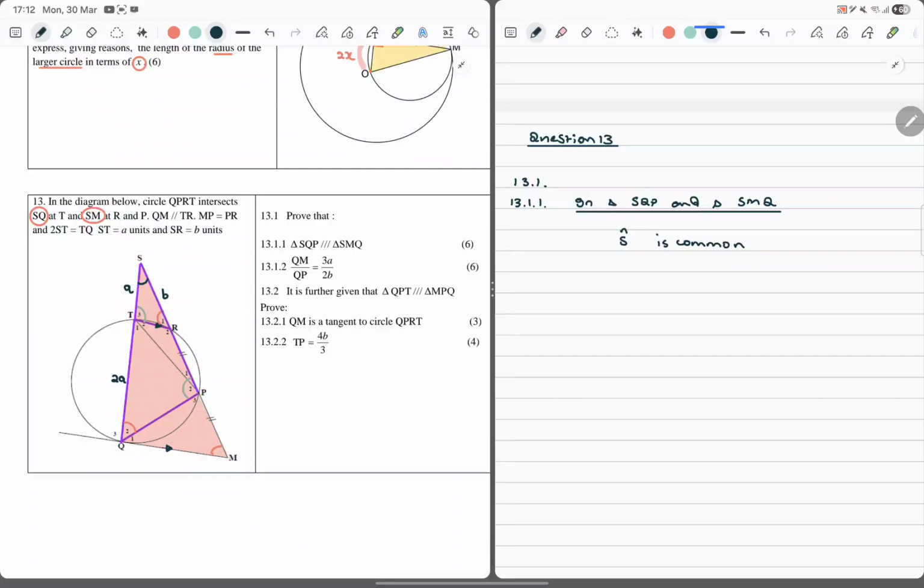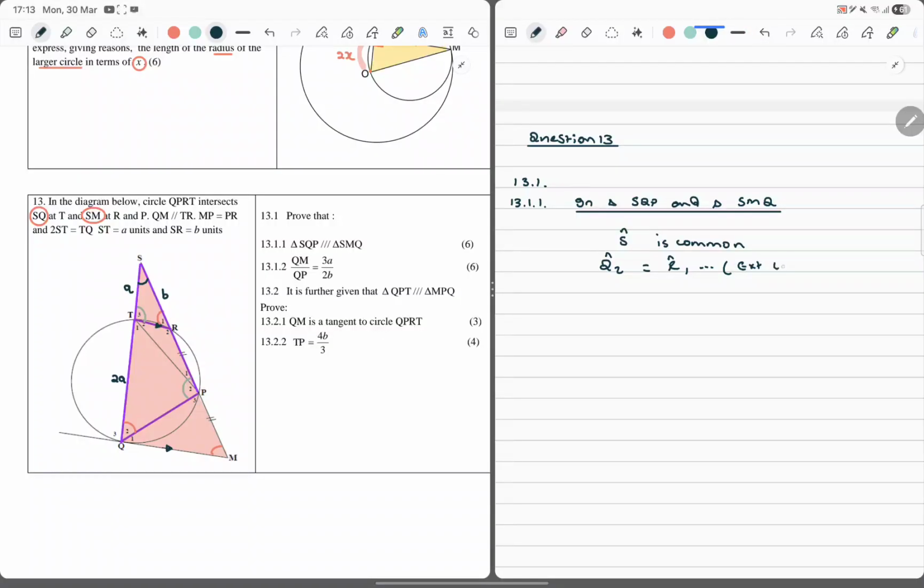Second, we know that Q2 is equal to R1. Now what is this?